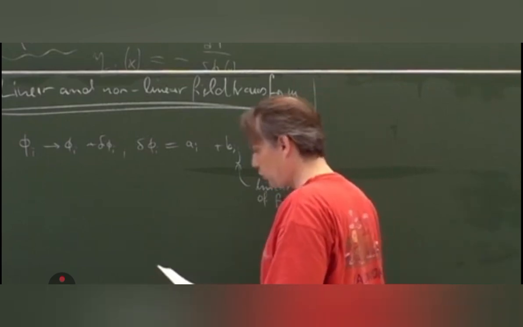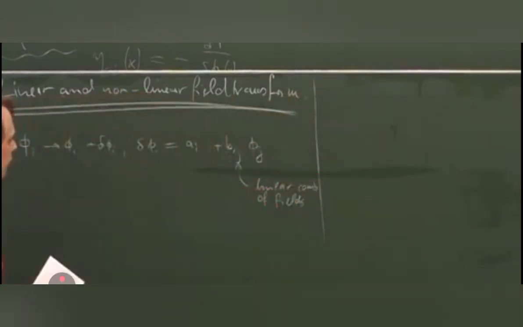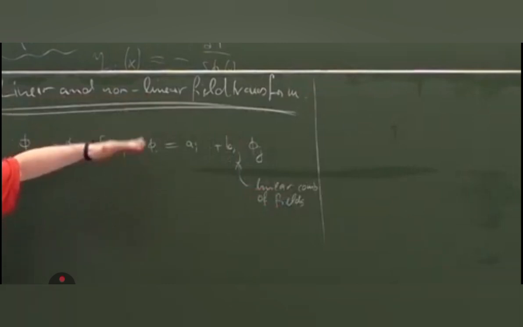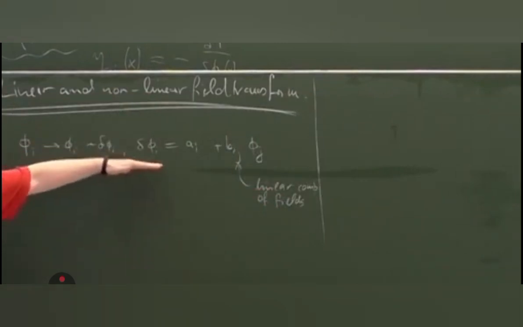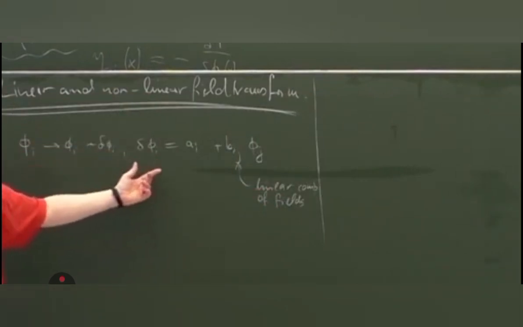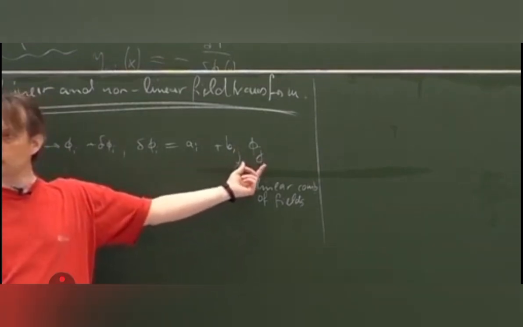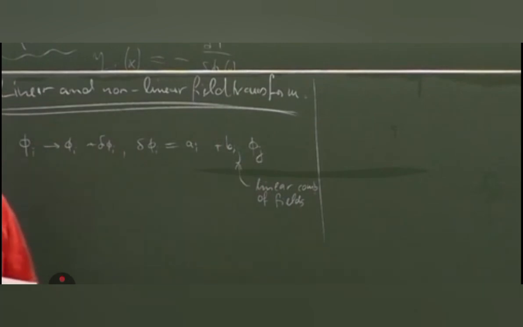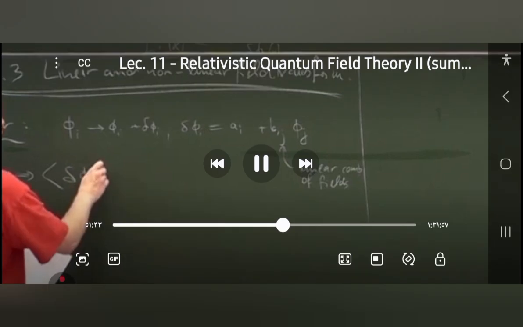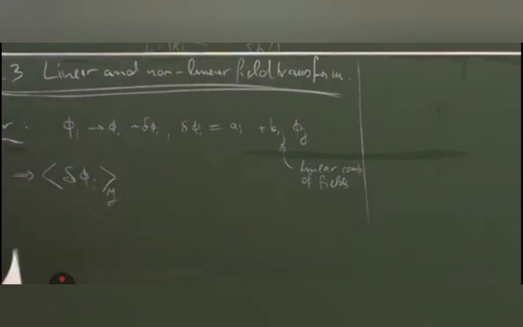So that would be the classical expression of our field transformation, and then we go to the quantum theory. All of this becomes operators, and then we have here an operator transformation where on the right hand side we have a linear combination of our fundamental field operators. In that case, what is actually the meaning of this delta phi I expectation value in the presence of sources J?